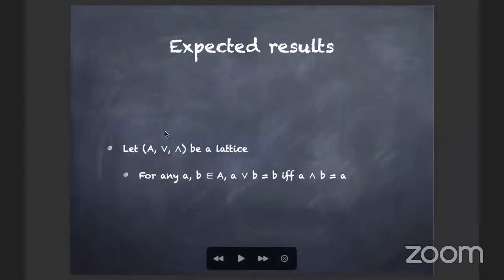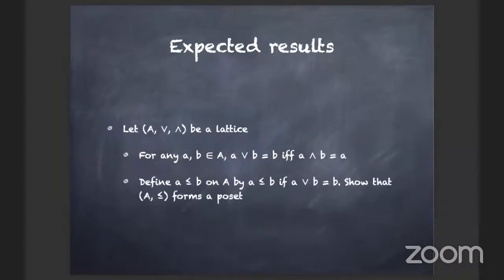Now here are some results which are expected. If you consider any A and B in the set, then the join of A and B is equal to B if and only if the meet of A and B is equal to A. The other result is: define A less than or equal to B if and only if A join B is equal to B. You can show that this relation forms a poset.